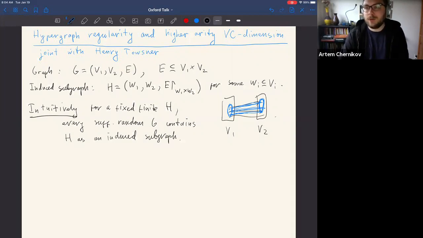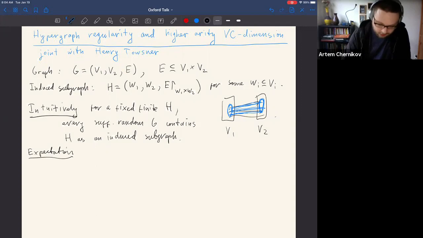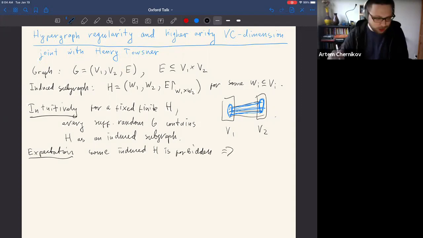But intuitively, if let's say we pick edges with some fixed probability, then assuming G is large enough, it is going to contain H as an induced subgraph. Okay, and the expectation is that if some induced subgraph H is forbidden, that should imply that some structural results can be proved about G.